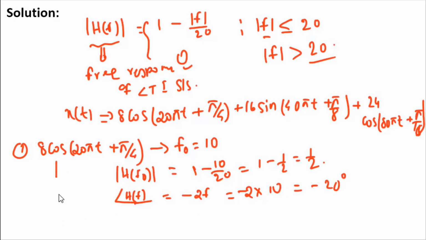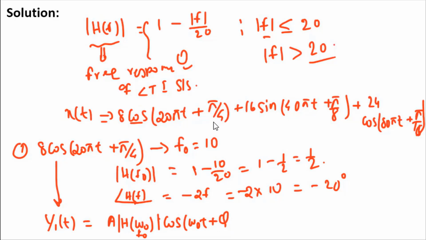So your output corresponding to this input 8 cos(20 pi t plus pi by 4) can be given as y1(t) equal to A times the magnitude of H(omega naught) or f naught, into, as this input is cosine, the output should also be cosine, cos(omega naught t plus phi, which is the input phase already present in the input, plus the angle of H(omega naught)).